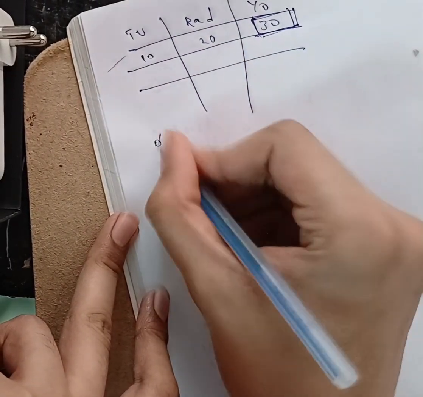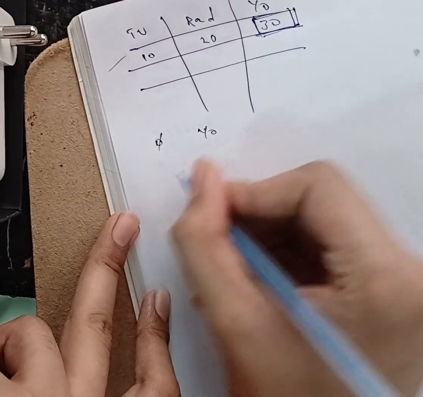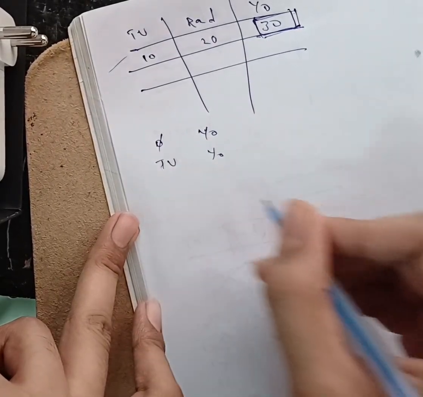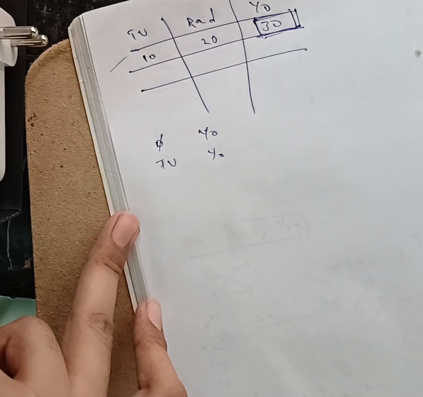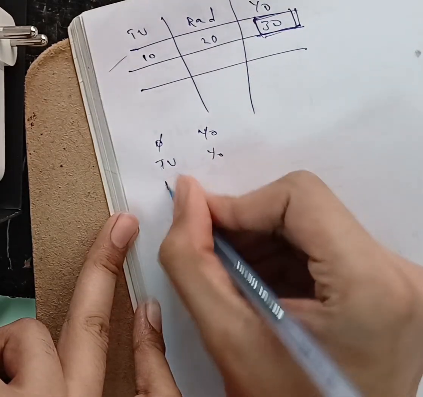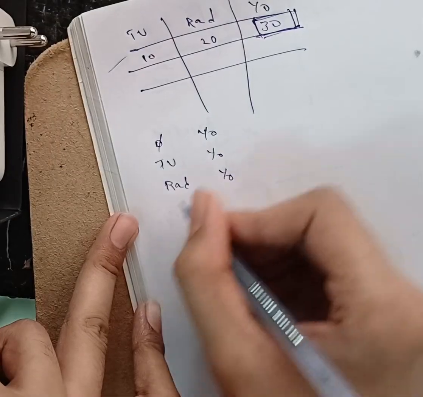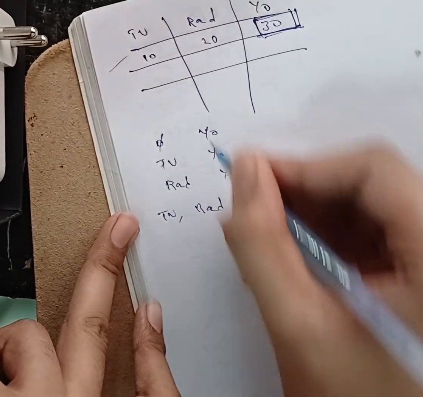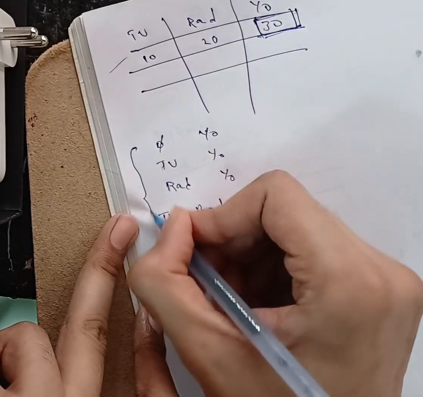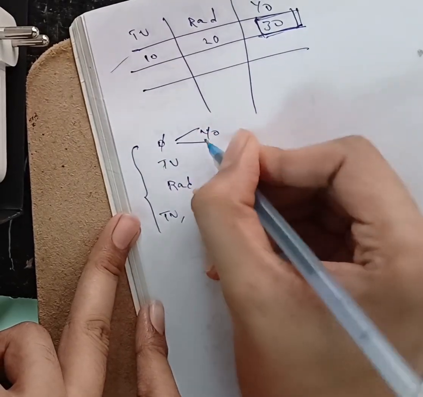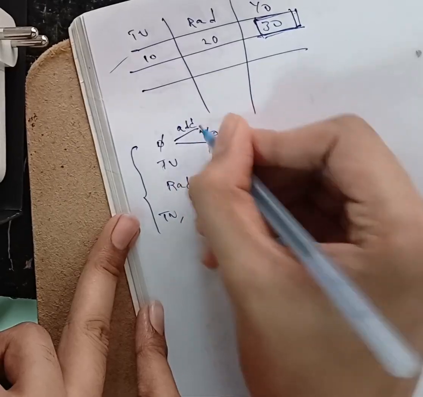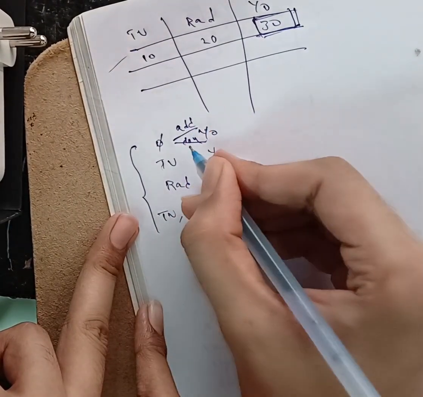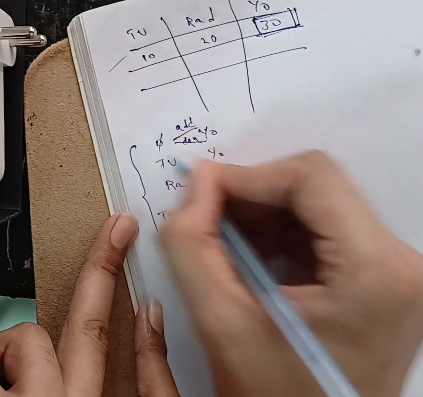So for the first we will add the YouTube feature, and for TV you will add the YouTube feature, and for radio, and for TV comma radio. For all these permutations we will do both things: we add this feature and we don't add this feature. I already told you how to calculate this.